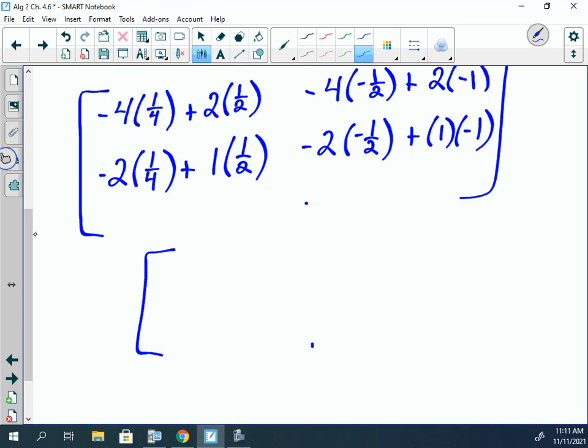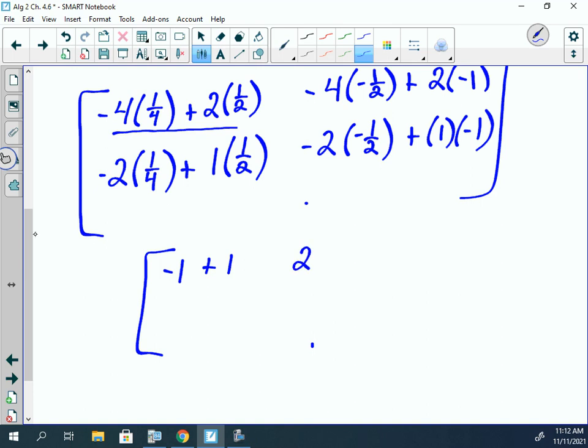Now what we need to do next is simplify these here. Well, our first one, negative 4 times 1/4 is negative 1. 2 times 1/2 is going to be plus 1. Negative 4 times negative 1/2 is going to be 2.